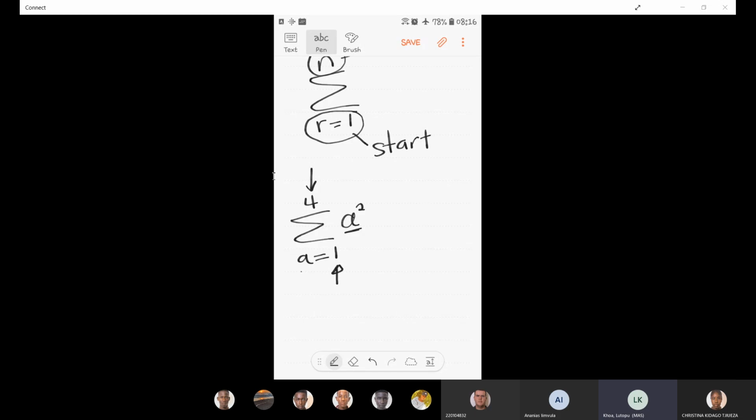So this just means 1 squared. I've substituted A with 1, and then the next number after 1 is 2, so I have 2 squared. The next number after 2 is 3, so I have 3 squared. Then the next number after 3 is 4 squared, and then I stop.